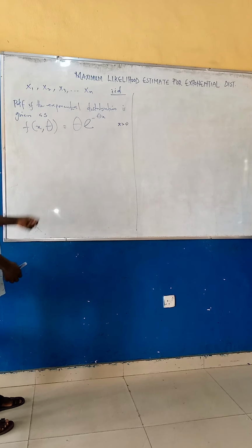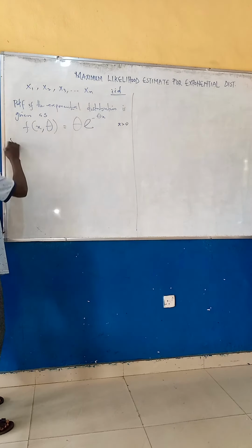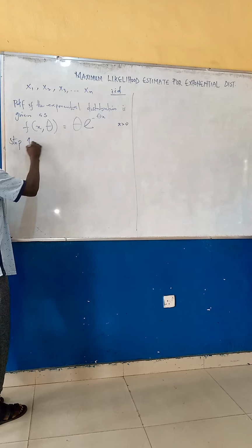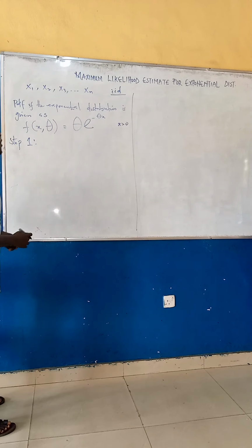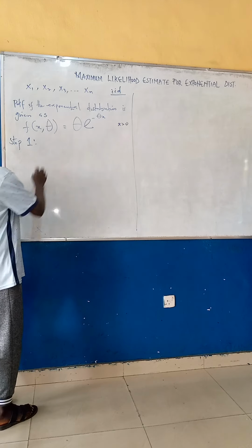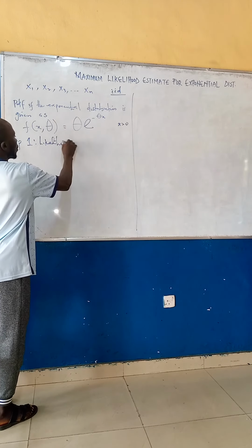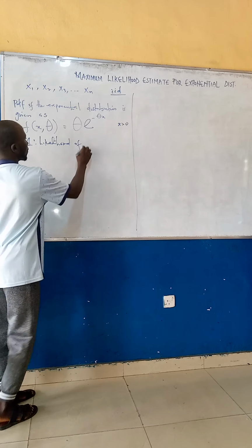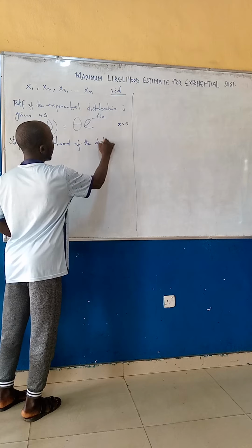Now, try to look for the maximum likelihood estimate. The first step, which is step 1, we're going to take the likelihood of this distribution.